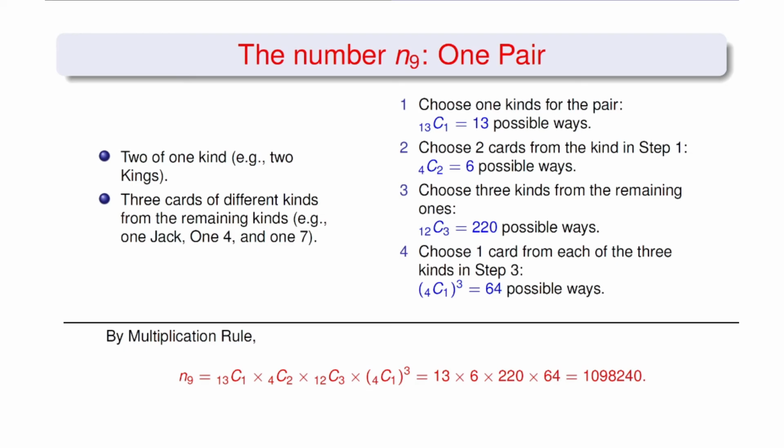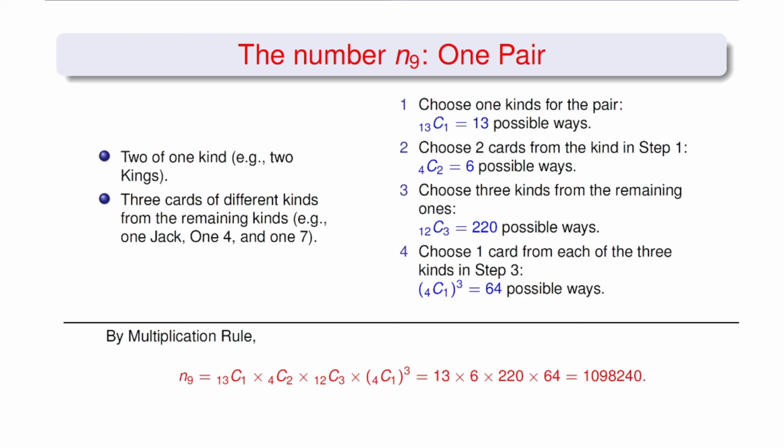That is 1,098,240. That's the number of poker hands which are 1 pair. Well, this is N9.